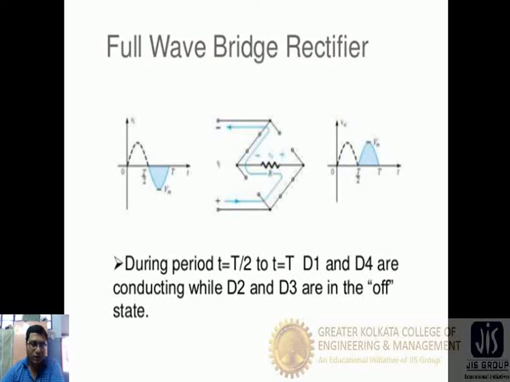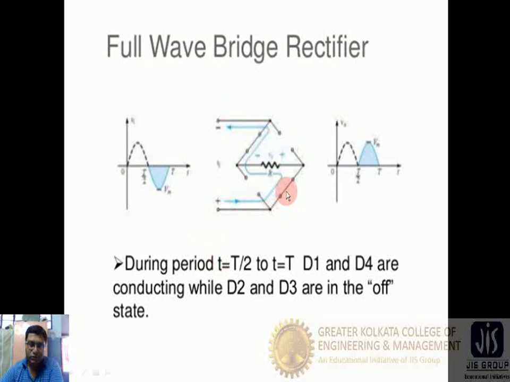That means D1 and D4 are in forward bias and D2 and D3 are in reverse bias. For that reason it is a positive polarity. So here this path is open and the current flows in this direction.